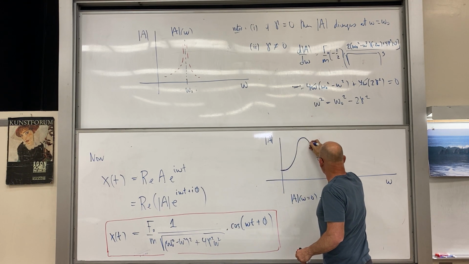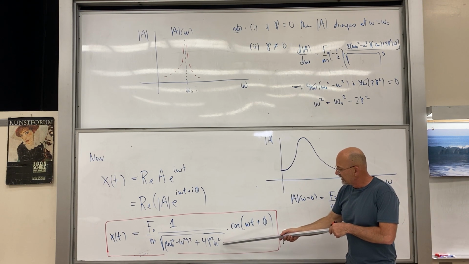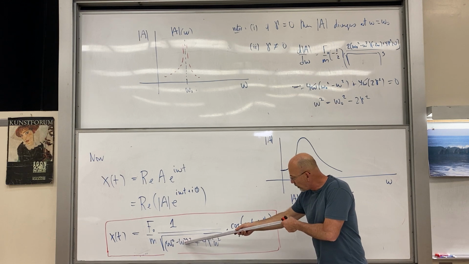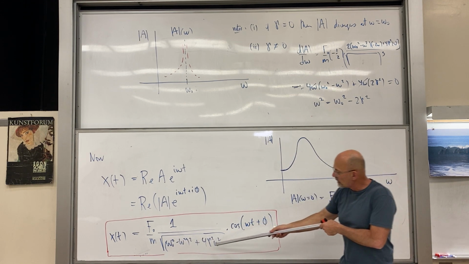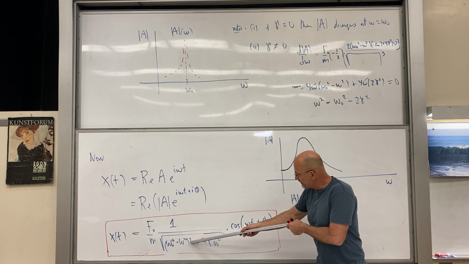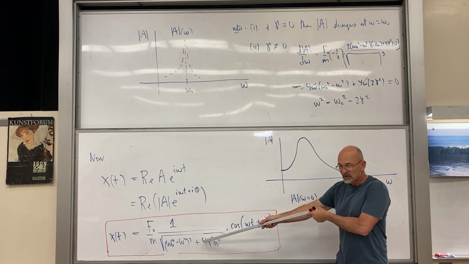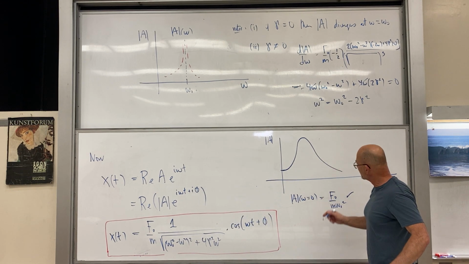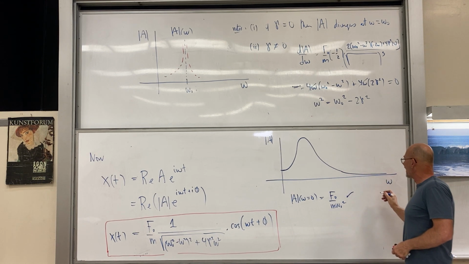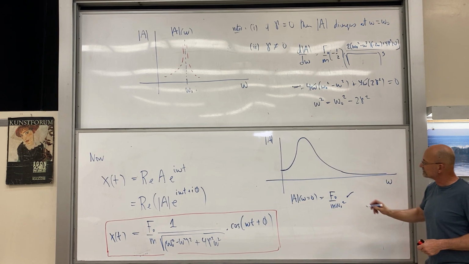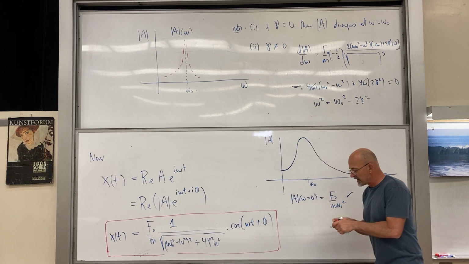Okay, have a peak, and then for very large omega, this omega to the 4th dominates everything else. Okay, for very large omega, this denominator just gets arbitrarily large, so the number gets arbitrarily small. So you have this behavior here, asymptotic to 0, and you've got your peak around omega naught.